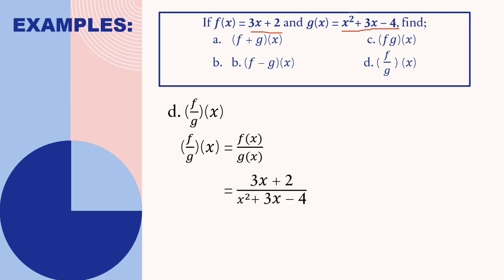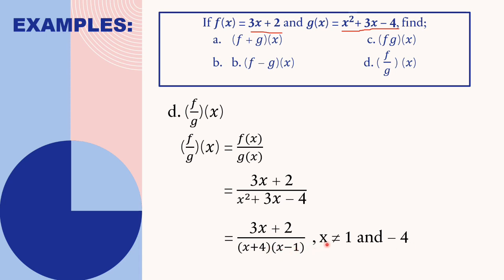So therefore 3x plus 2 over x squared plus 3x minus 4. So x squared plus 3x minus 4 can be factored out as x plus 4 and x minus 1. So this will be the answer, where x, of course, is not equal to 1 and negative 4.